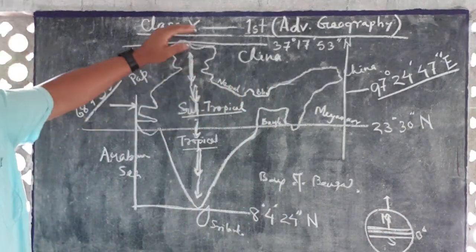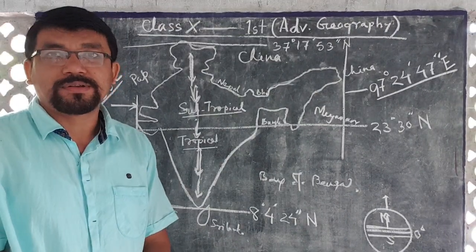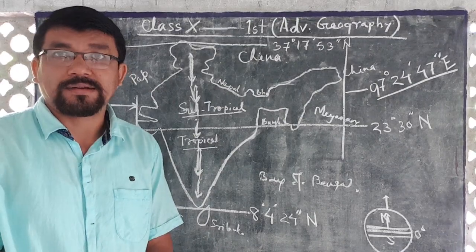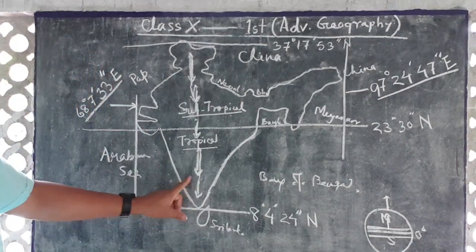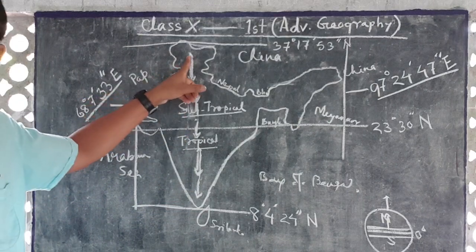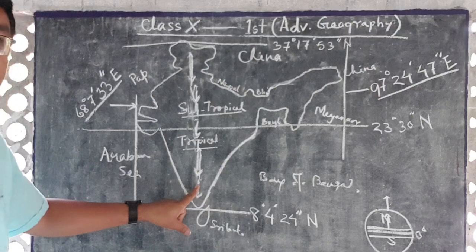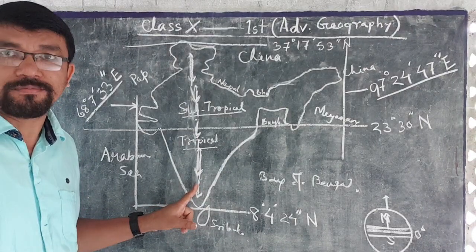Both polar regions have very low temperature due to horizontal sunlight. So this way, if we move to the north, then temperature is gradually decreasing. If we move to the south, temperature is gradually increasing. It is very important.